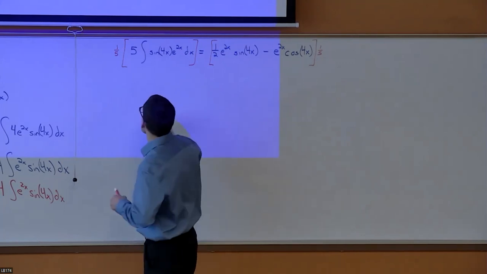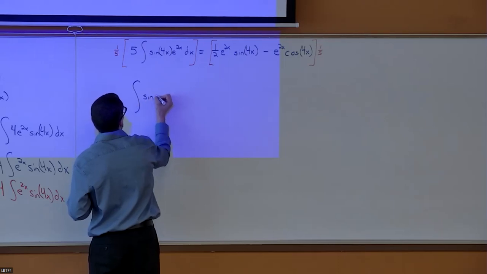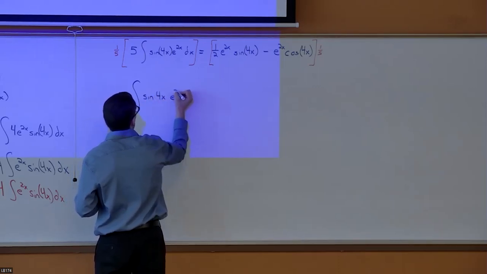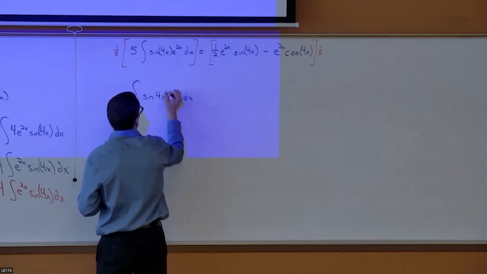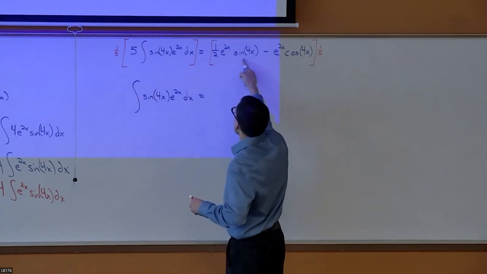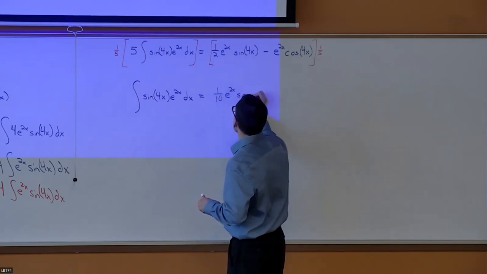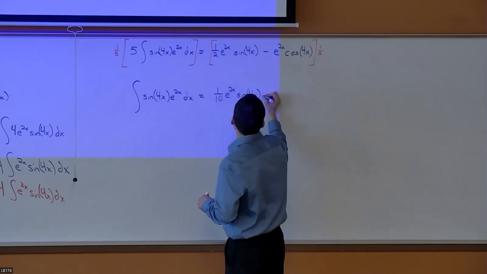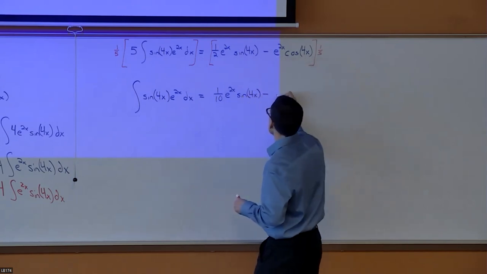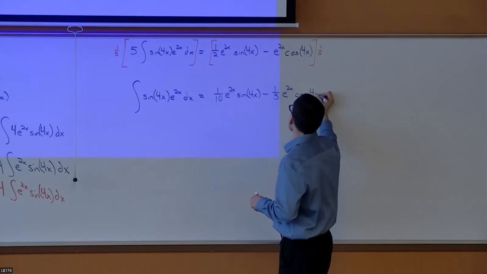I'll multiply by 1/5. And that tells me that when I do my integration of sine 4x e to the 2x, I'll distribute 1/5 times this term becomes 1/10 e to the 2x sine of 4x. 1/5 times this term is a minus 1/5 e to the 2x cosine of 4x.